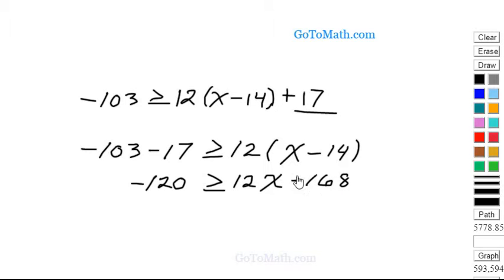And then, of course, let's get rid of this 168. We can move it over here to this side. So I'm starting to skip all those intermediate steps. Plus 168. Because it's a minus over here, we move it over here, the sign changes. Greater than or equal to 12x.